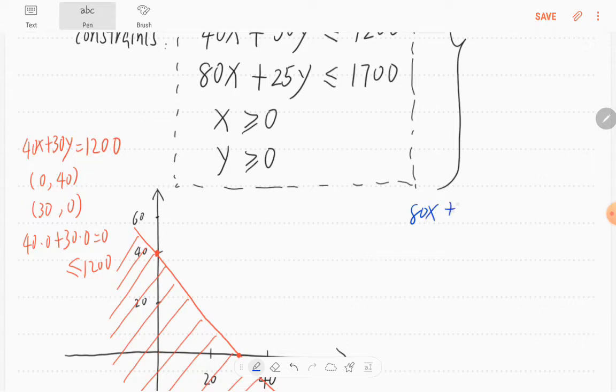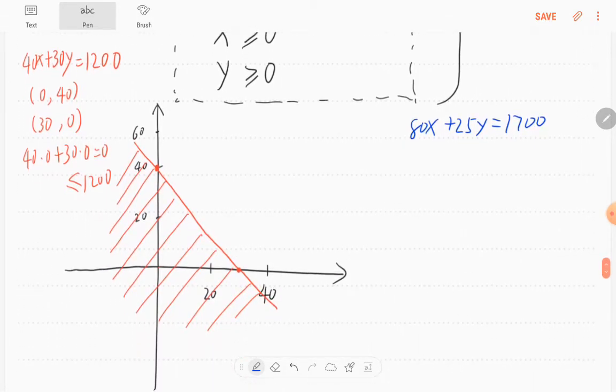80x plus 25y equals 1700. Okay, so we have the points: if x equals 0, then 25y equals 1700, so you will get y equals 68.